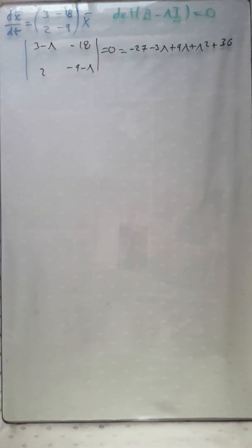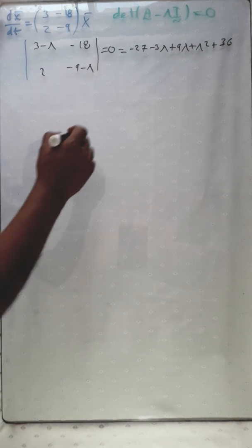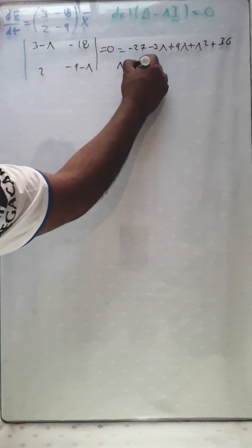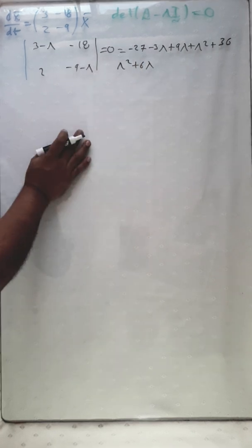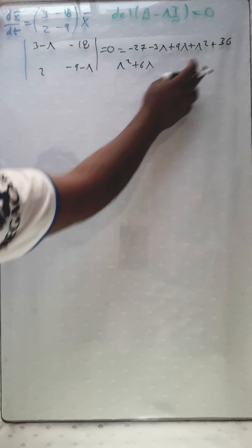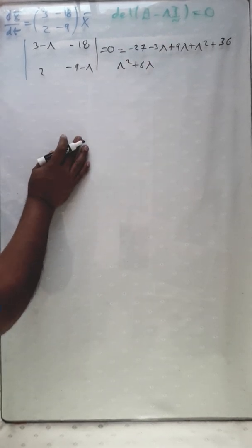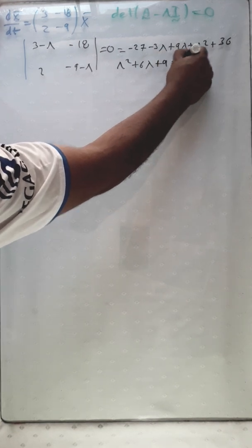Alright, is that correct? Yeah. Okay, so let's see what happens. Lambda squared, and then this number is going to be 6 lambda, and then 36 minus 27 is going to be plus 9 equal to 0.